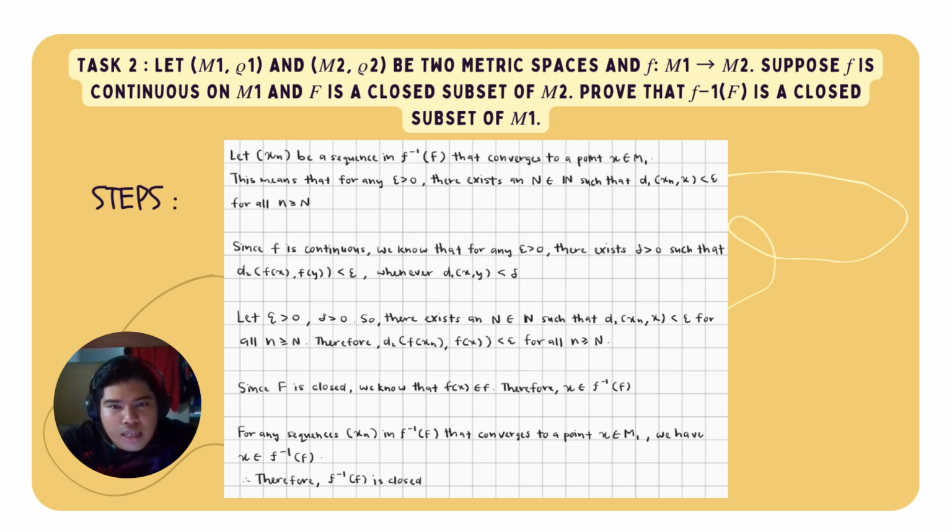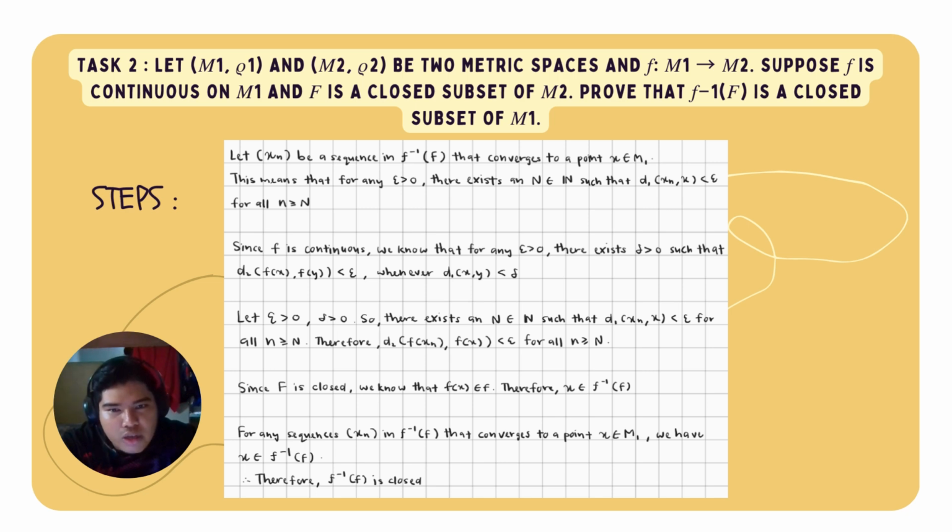So there exists an N element of natural numbers such that d1(s_n, s) is smaller than epsilon for all n greater than or equal to N. Therefore, d2(f(s_n), f(s)) is smaller than epsilon for all n greater than or equal to N.